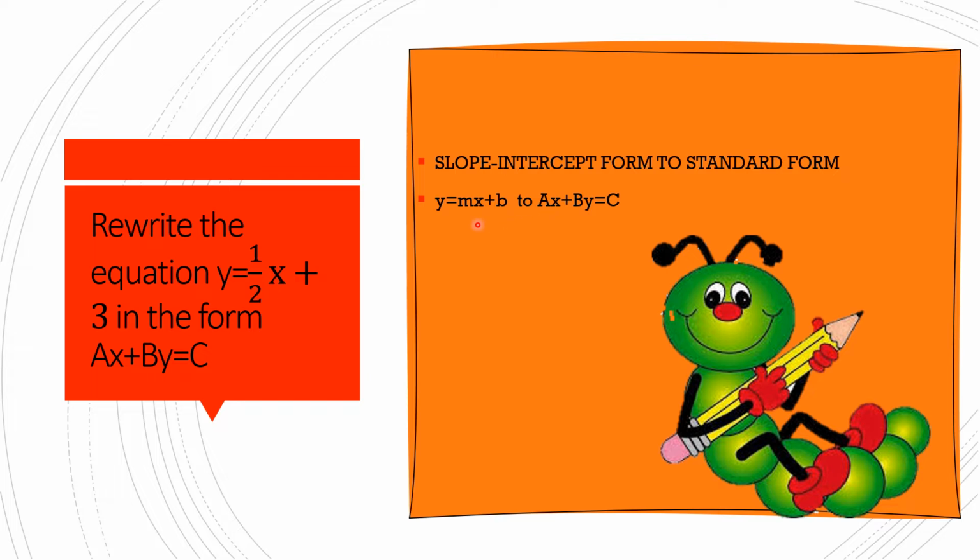So, dapat inig standard form ta, ang naay x, dapat naa siya sa left side. So, our given is y equals 1 half x plus 3. So, it is in the form of slope-intercept form. So, kay y naman diri ang naa sa left side, dapat ang 1 half x atong ibalhin sa left side.